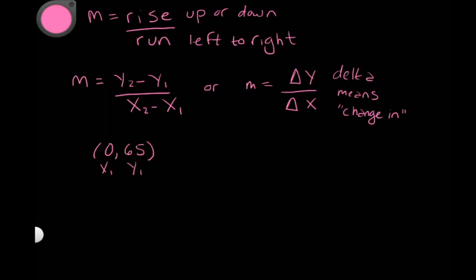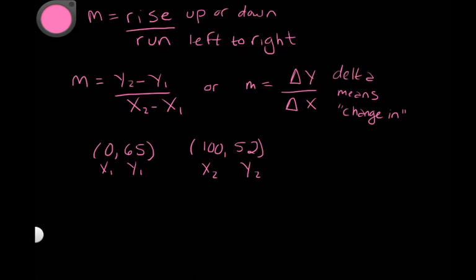And the second point on the line is 100 and 52. So this is my x2 and my y2, because I have two coordinate points, my first point and my second point. So I have two sets of x and y values.